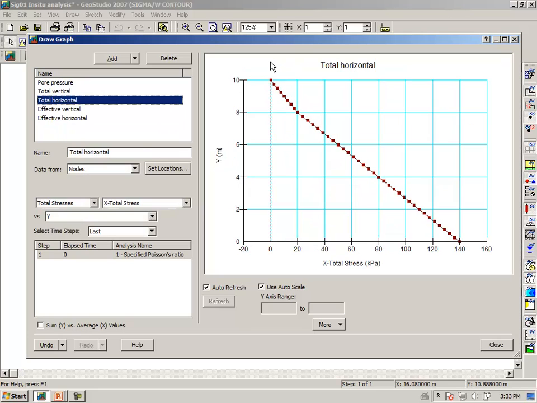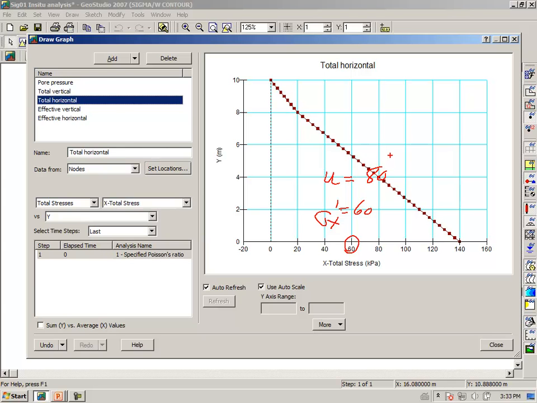Now, one last point, which is always the last check, and that is that in order to ensure that we have established the correct horizontal total stress, we recall that we said that the effective stress, sigma X effective, was equal to 60, and the pore pressure is equal to 80.